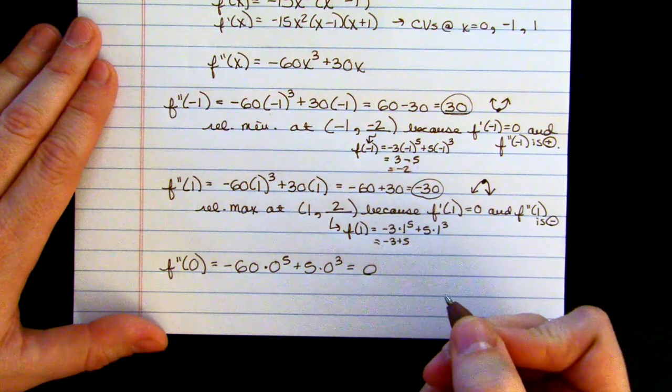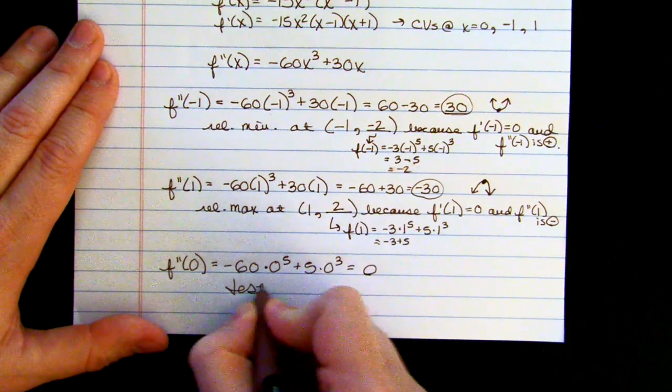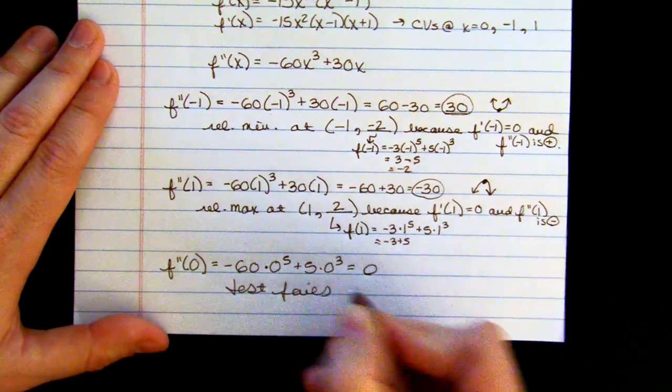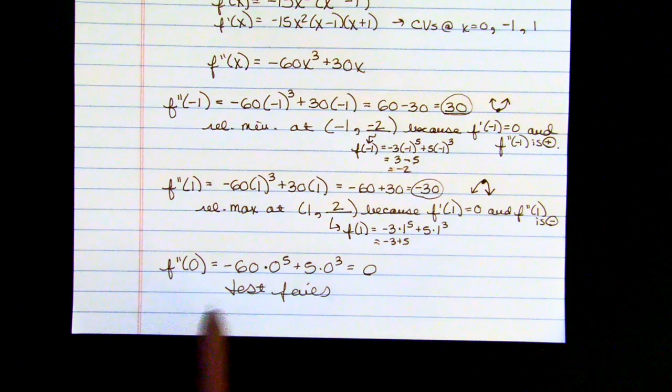That's 0, which means I don't actually know anything. The test fails. I could have a relative max or a relative min there, or neither. The only way I could do this for real is by using my first derivative test, making the number lines, and seeing if f prime changes from positive to negative or negative to positive at x equals 0. Second derivative test didn't get me there.